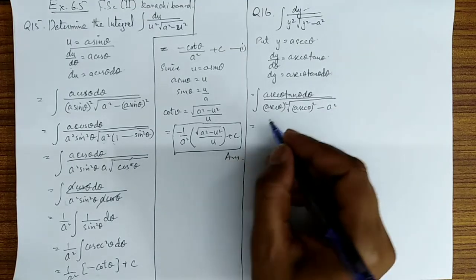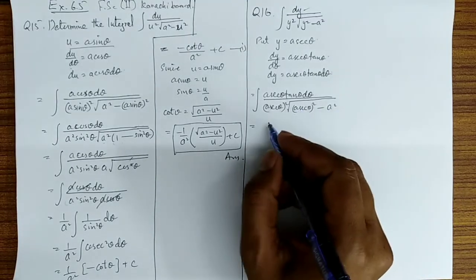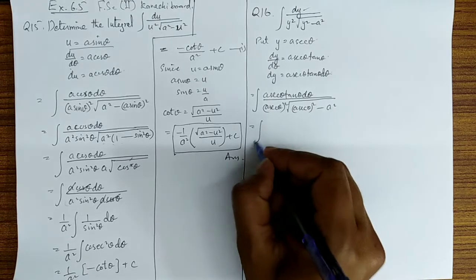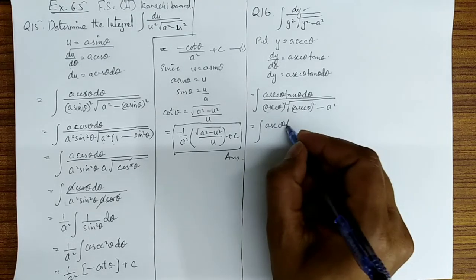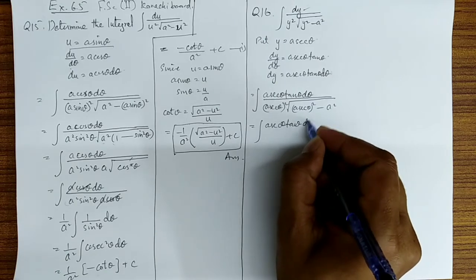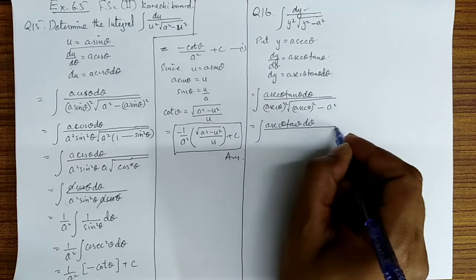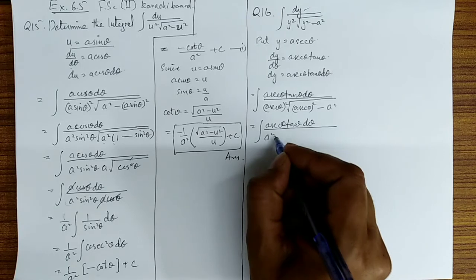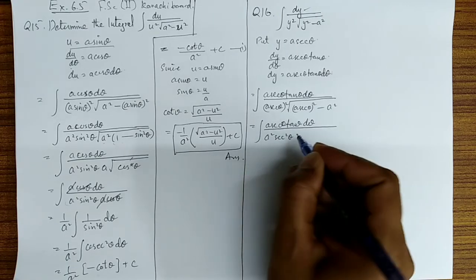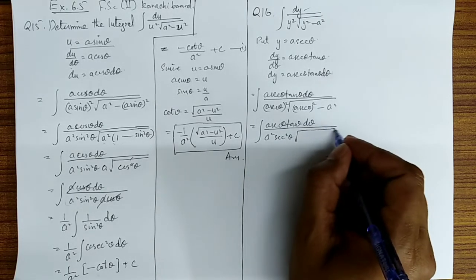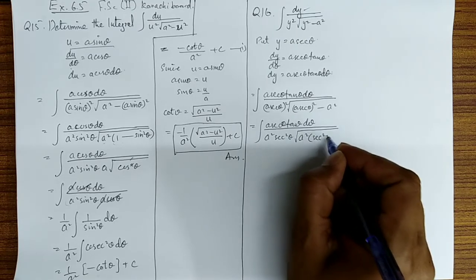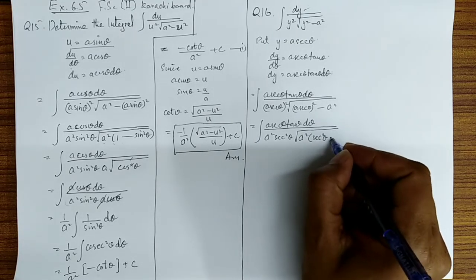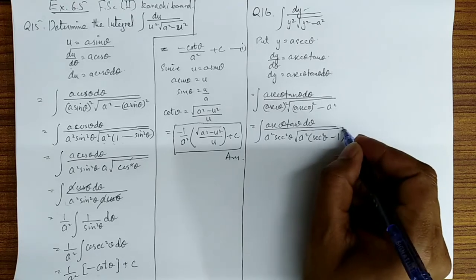Now by taking this a square as a common factor outside, that will be a sec theta tan theta d theta whole divided by root of a square into (sec square theta minus 1).